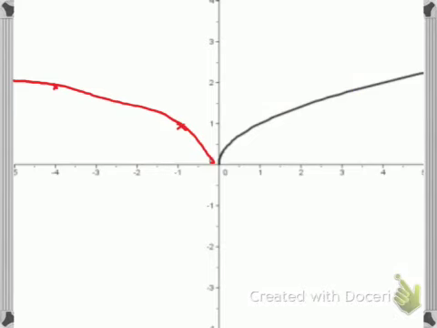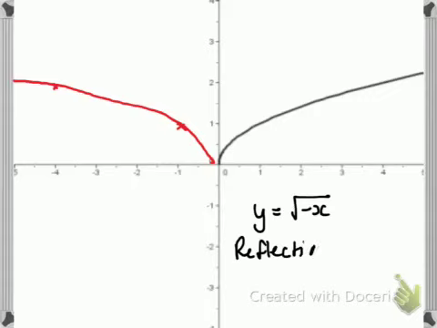Right, here we've got a reflection in the y-axis. So this graph here, the red graph, negative square root of x. Sorry, go back a step. No, it's not. It's the square root of negative x. So when the negative is contained within the square root sign, we get a reflection in the y-axis.